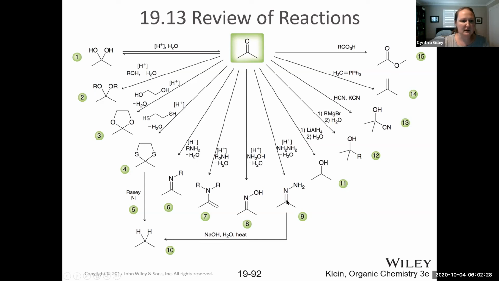All of these reactions are reversible. The hydrazone is useful because we can treat that with hydroxide and heat and do the Wolff-Kishner reduction to get an alkane. And we can also reduce a thioacetal using Raney nickel down to the alkane. So those were reactions covered in this chapter.